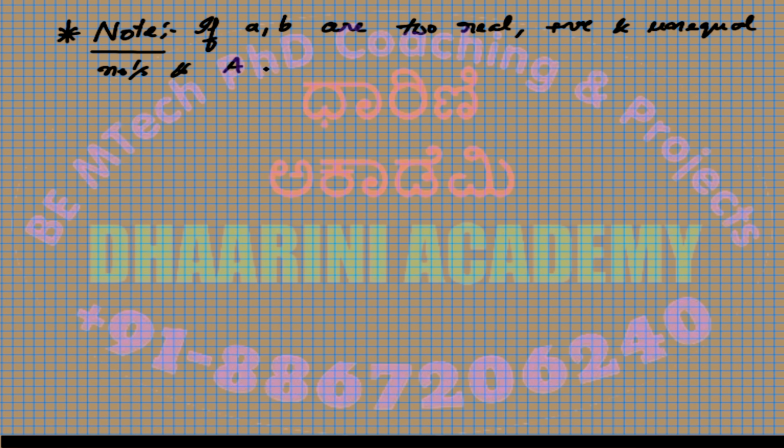That is, if a, b are two real, positive, and unequal numbers, they are not equal, okay, unequal numbers, and say capital A and capital G are the arithmetic mean and the geometric mean of a, b, right?